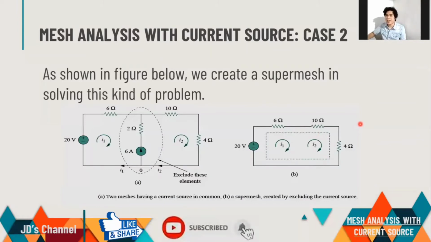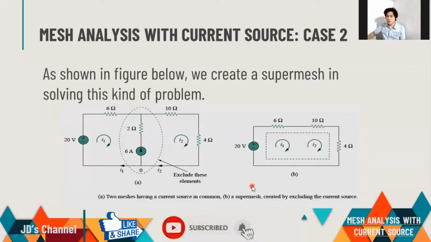Yun po yung ating super mesh. Magkakaroon tayo ng super mesh if meron tayong independent current source or dependent, basta may current source in between ng ating mga loop or mesh currents.